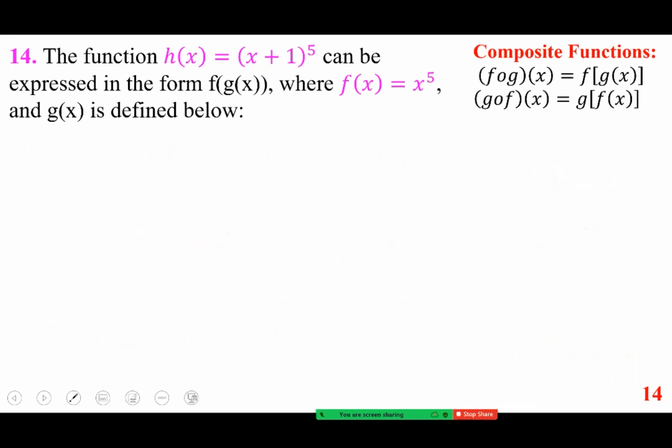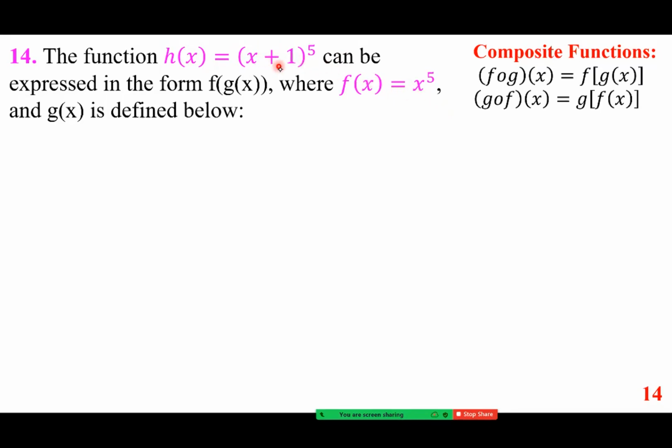h of x is given as x plus 1 to the power of 5. It can be expressed in the form of f of g. So this is f of g of x, where f of x is x to the power of 5. And g of x, it's a matter of inspection. So how do you change this to this? You change the x to x plus 1. Do you see that?